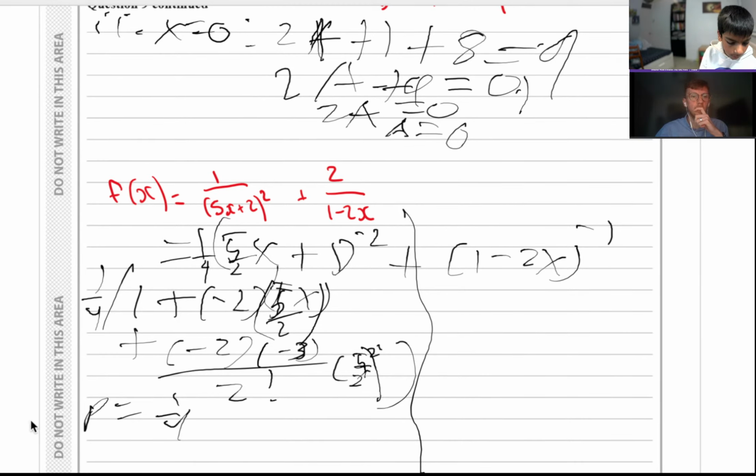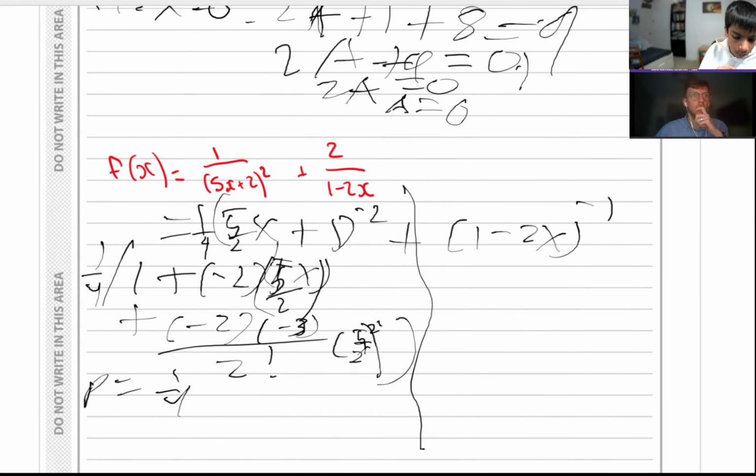And if we expand it out, negative 4, so quarter. Remember, P might not be a quarter because we've still got the other expression to expand as well.